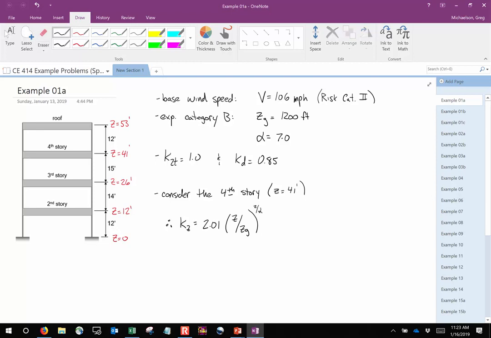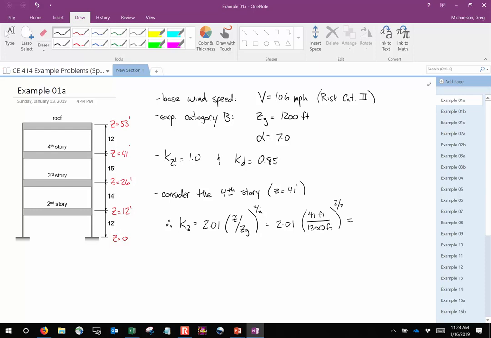So that 2 over alpha is the exponent. So that is 2.01 times 41 feet over 1,200 feet, raised to the 2 over 7.